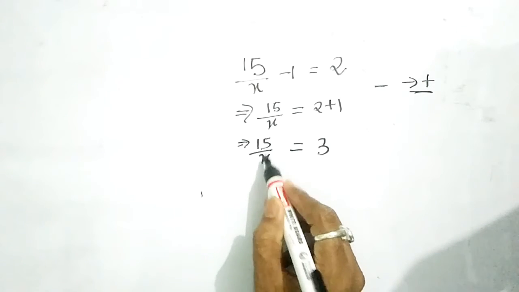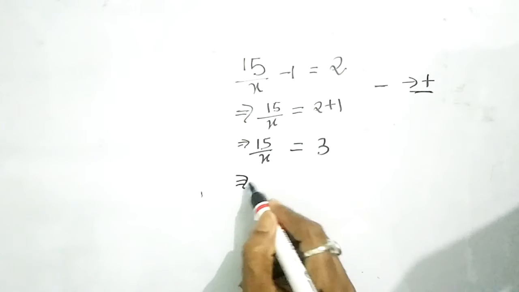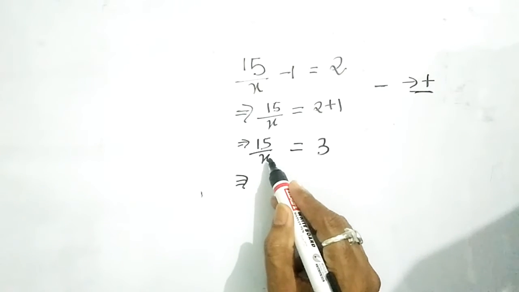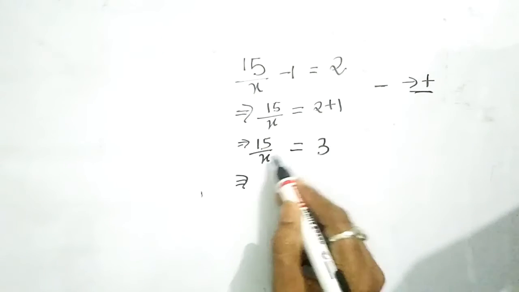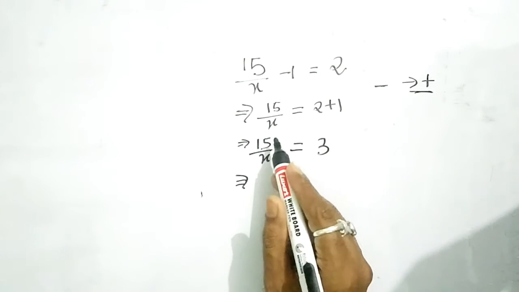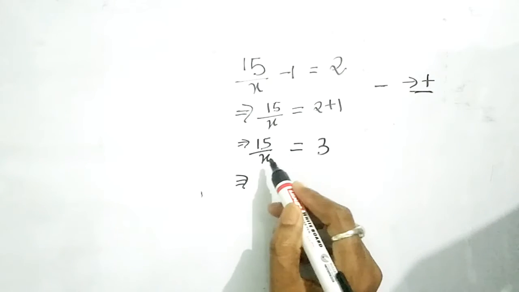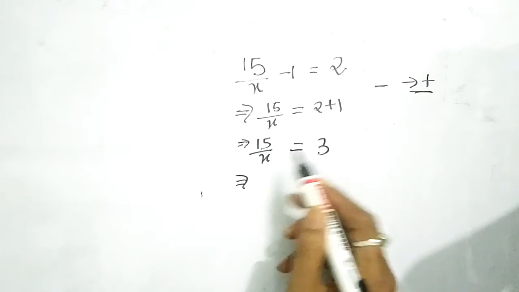Now in this case what to do? So 15 by x is there. This x we need to shift to the right hand side. Just now I told, when a variable, in this case the variable, is divided, the concept is the same.